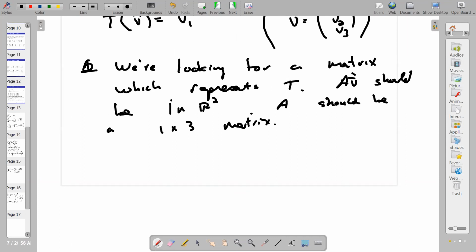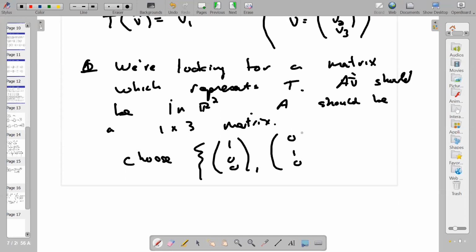How do you actually find that matrix? Choose the basis: 1, 0, 0; 0, 1, 0; 0, 0, 1. What does T do to each of these?